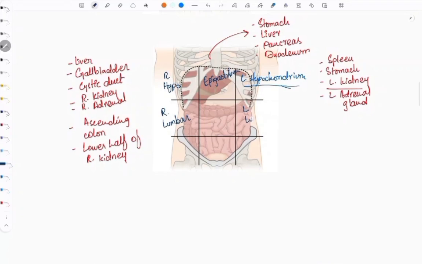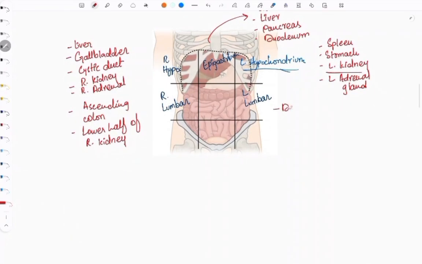The left lumbar region consists of descending colon and the lower half of left kidney. The right and left lumbar regions also house the abdominal part of ureter.